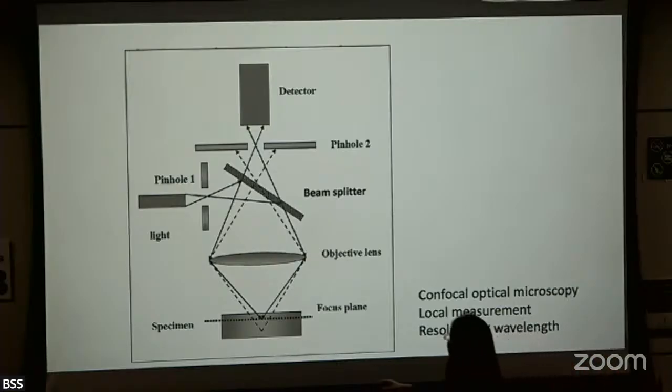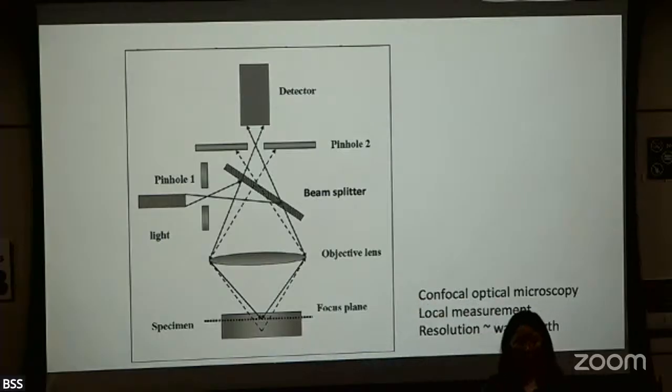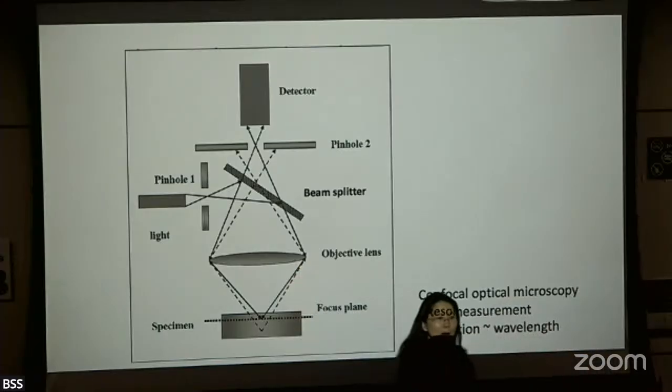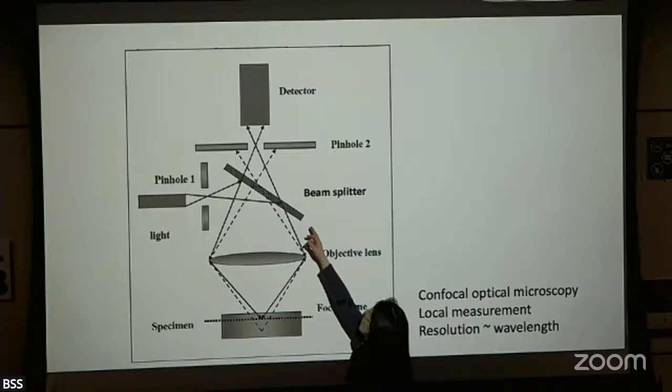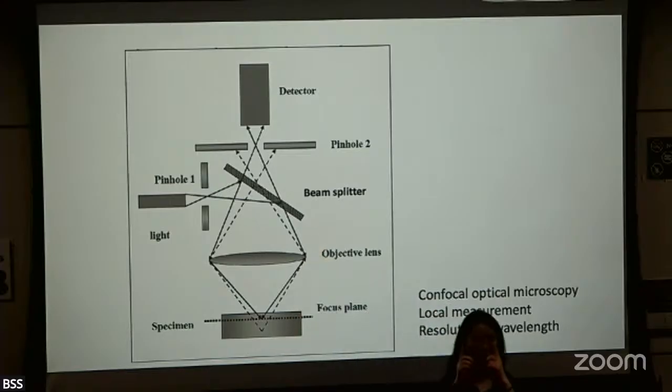And then you can focus it down to the sample you want to study. And then you look at the reflection back or emission back from your sample, and it's collected by the same objective, goes through the beam splitter, and then collected by your detector. And the detector can disperse to get a spectrum, or you put a filter to look at the second harmonic, or just look at the reflection.